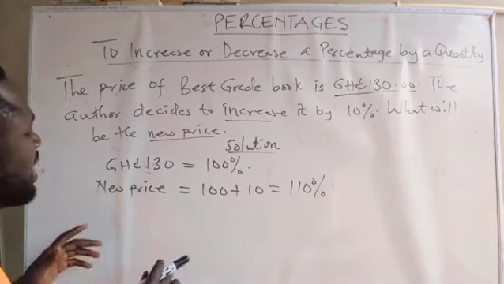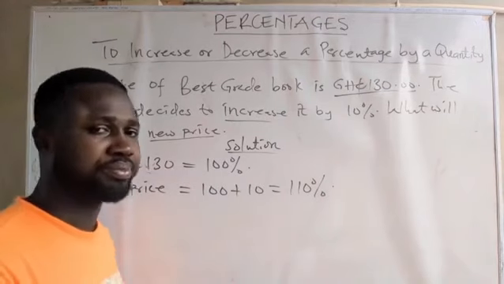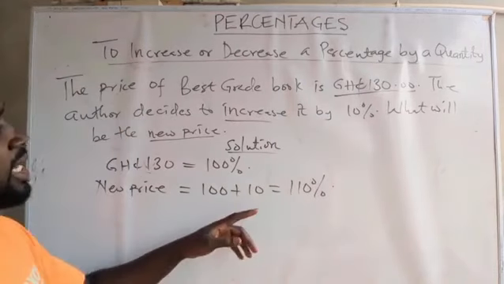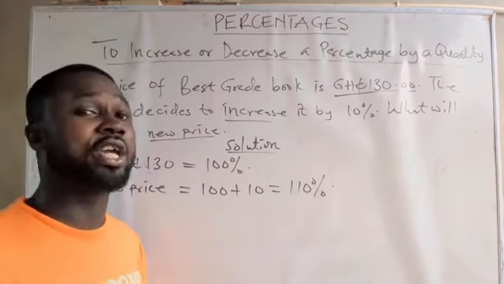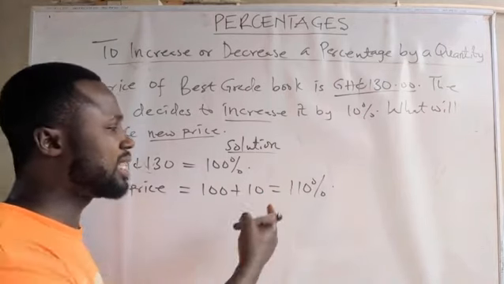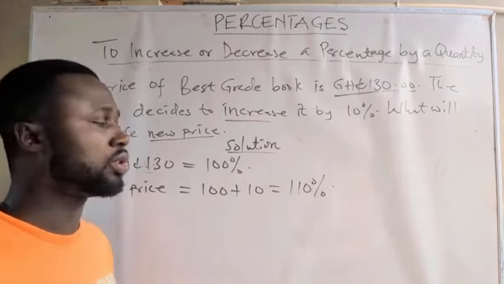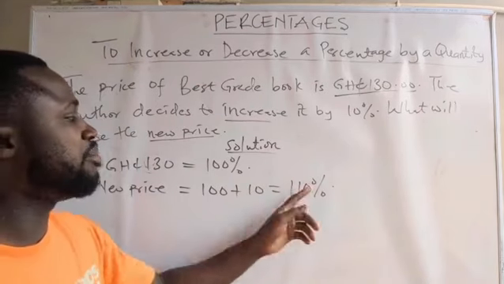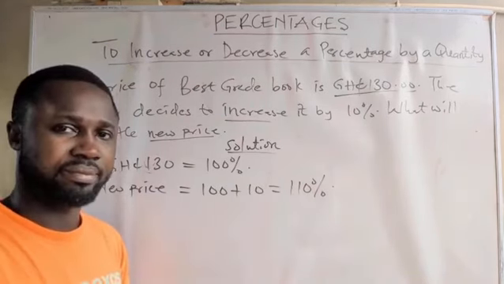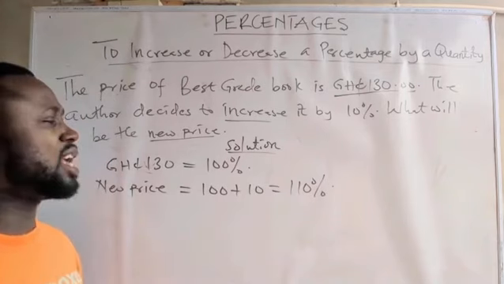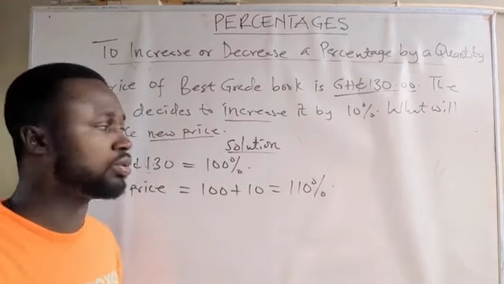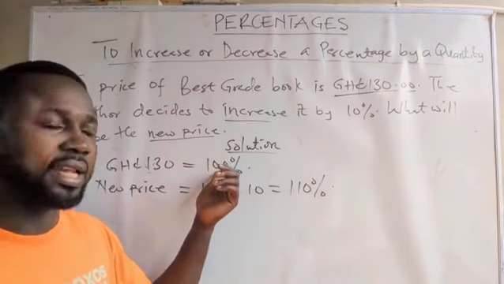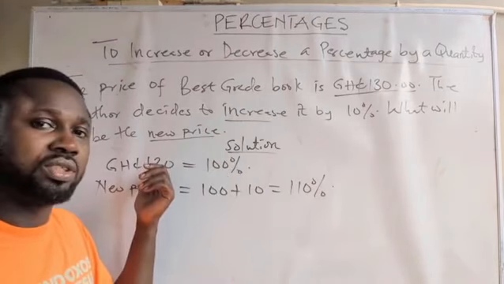Anytime you are solving a percentage question, the percentage in which the value is not known becomes the numerator. And then the percentage in which its value is known becomes the denominator. Then multiply by that particular value.